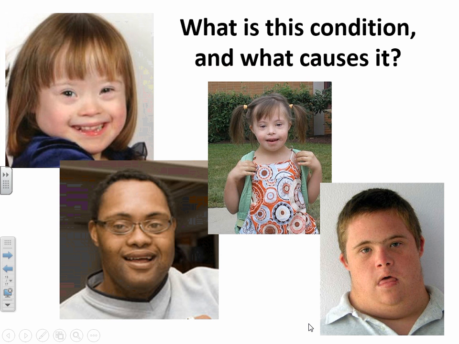And the features that we're familiar with is the shape of the eyes, a single crease across the palm, a long tongue, very prone to heart disease, and a tendency to Alzheimer's as well. And the reason is because of the genes that are carried on chromosome 21.